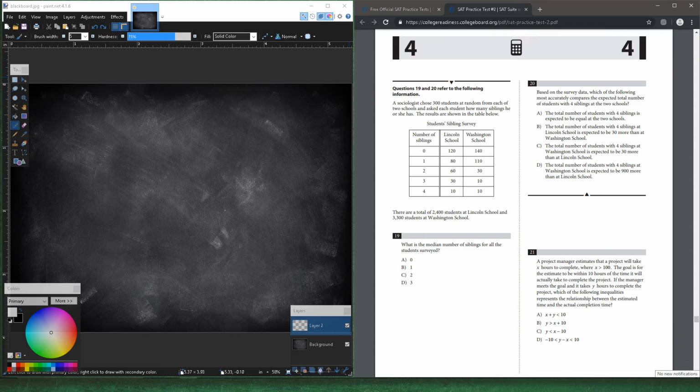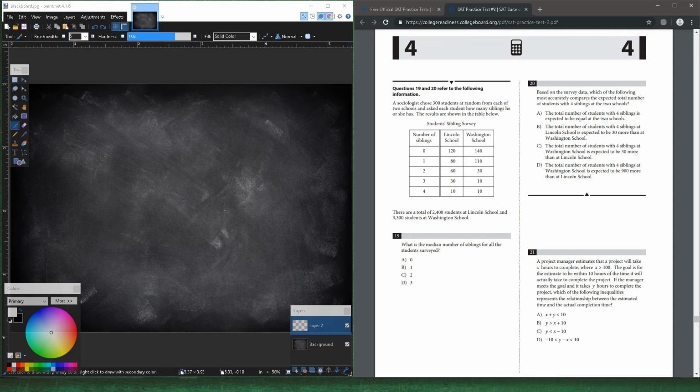And there's 3,300 students from Washington. So that's 10 divided by 300, so that's 110. So there's 110 students that are expected to have 4 siblings.